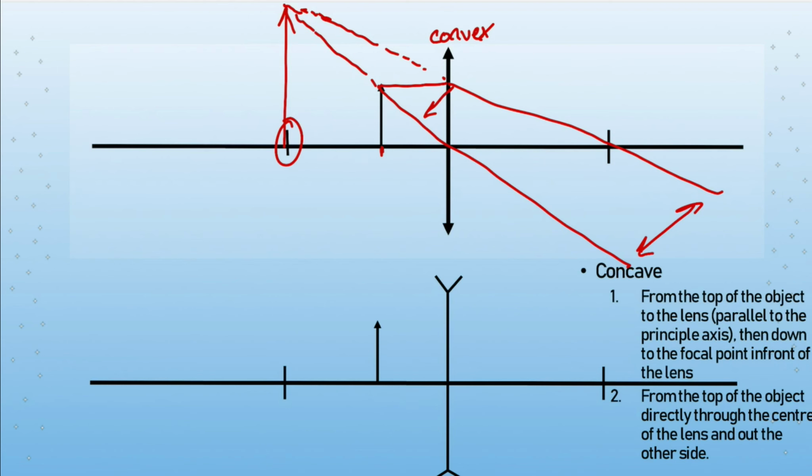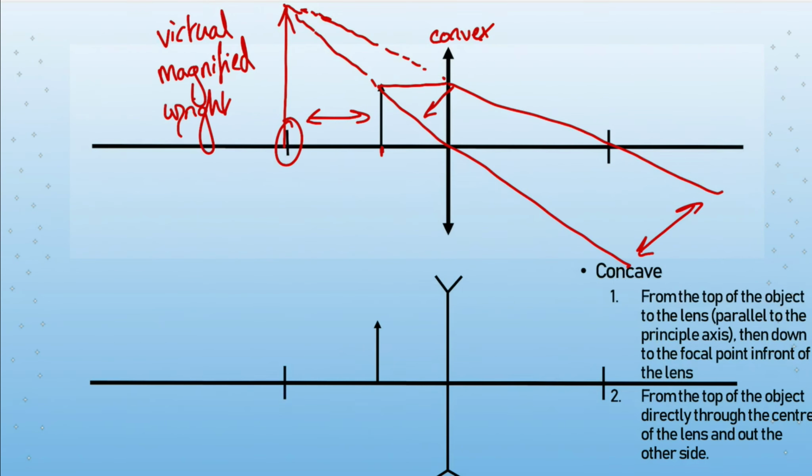So this is a virtual image. It is virtual, and it is also much larger than the original object, so it's magnified, and it is upright. But again, for a convex lens, you could make a diminished image if you wanted to.